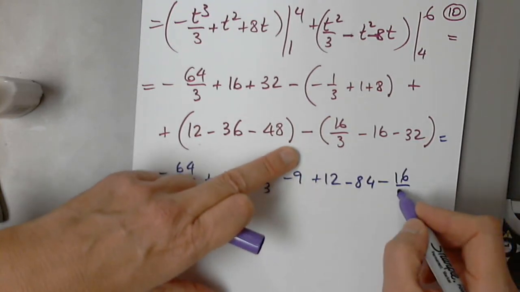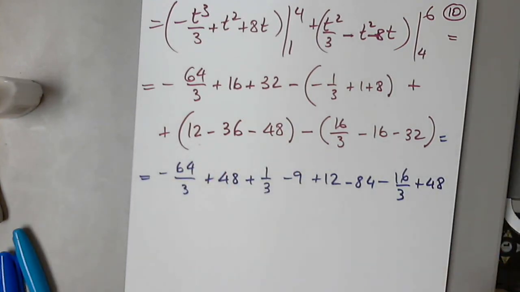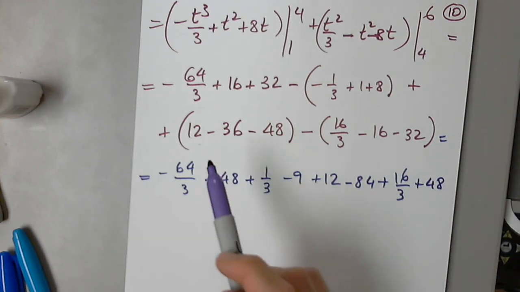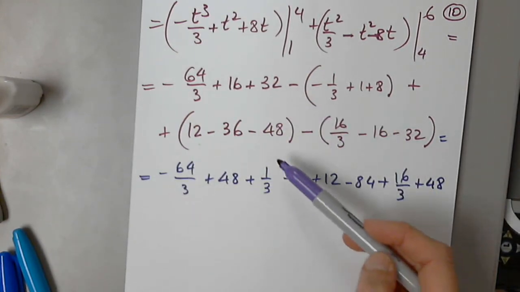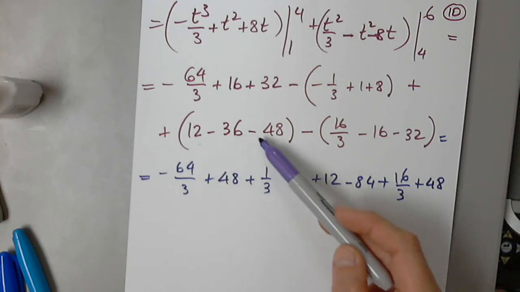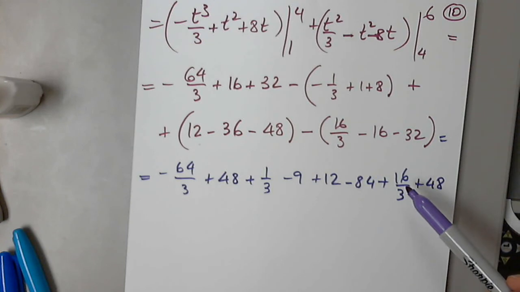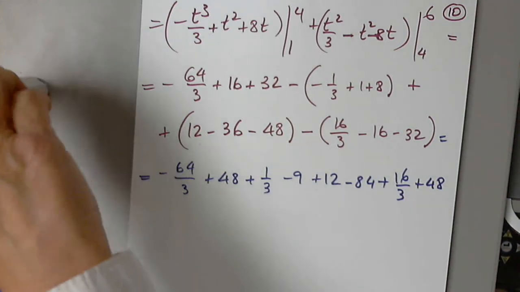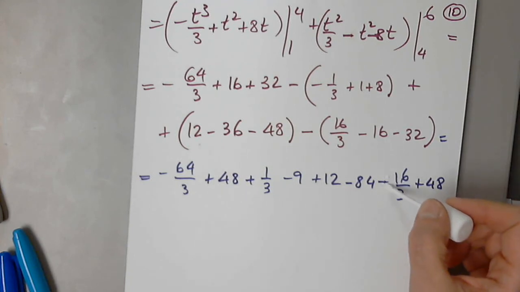And then minus 16/3. And this is 48, but plus 48. See? Okay, let me check again. That's okay, minus, it's okay. See, I changed it, it was minus. And then positive 48, that's correct.